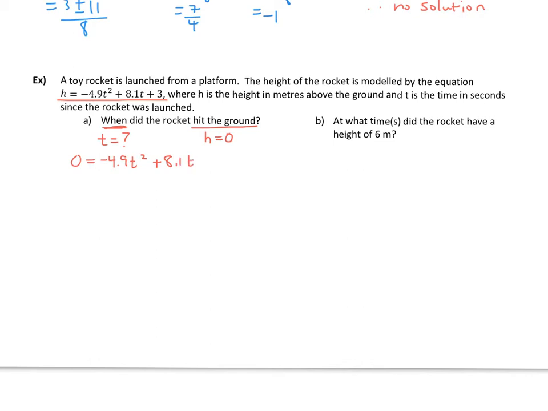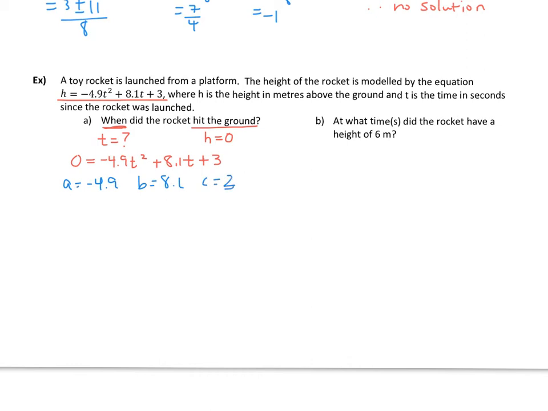So identify your A, B, and your C. Put it in your quadratic formula. This is decimal numbers. You don't want to try and factor that. So use your quadratic formula here. All right, your A value should be negative 4.9. Your B should be 8.1. And your C is 3. And I wrote 2. There we go. C is 3.